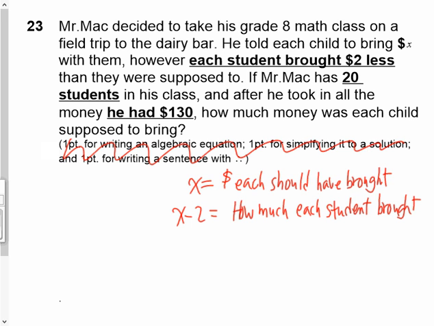And if 20 students brought X minus $2, the connection you had to make was that 20 students multiplied by the amount of money they brought, which was X minus 2, that expression represents all of the money the students brought. That would be all of the students' money.